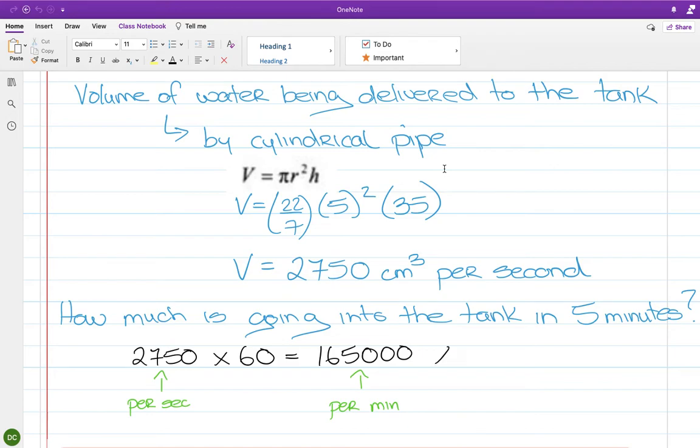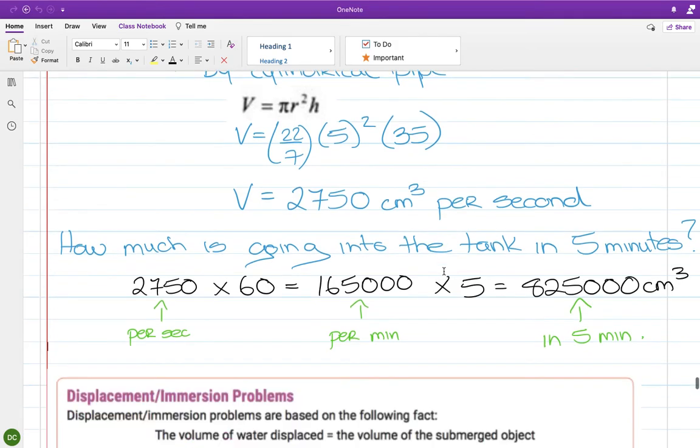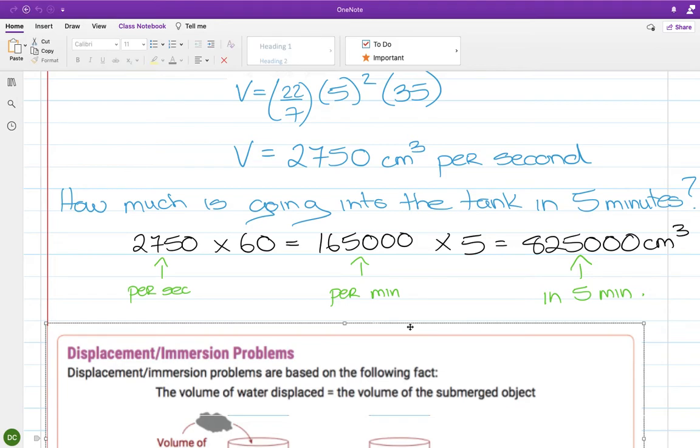So then if I multiply that by 5, 825,000 centimeters cubed in 5 minutes. That makes sense? Okay.